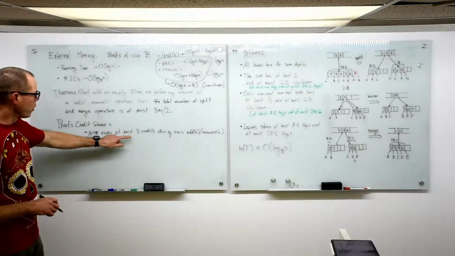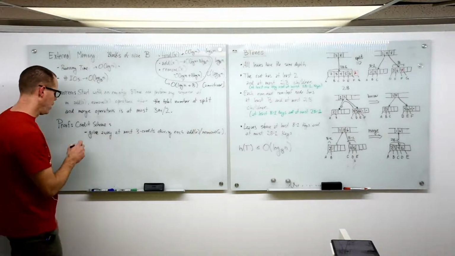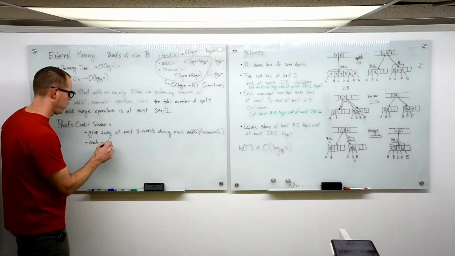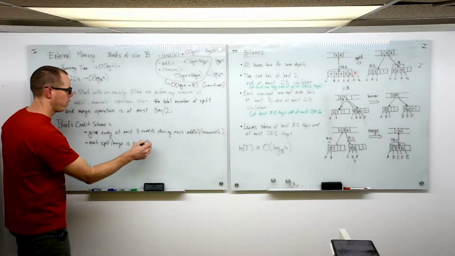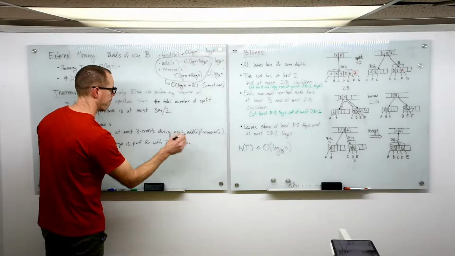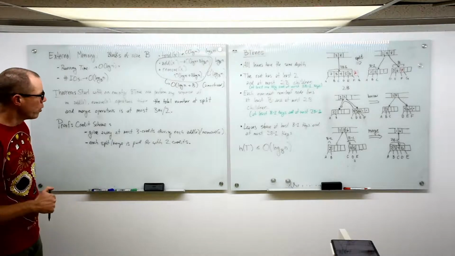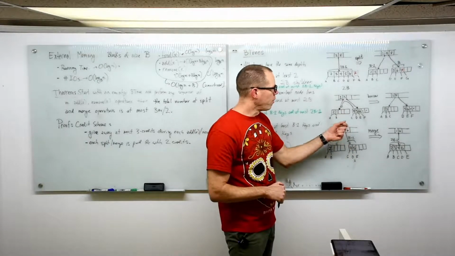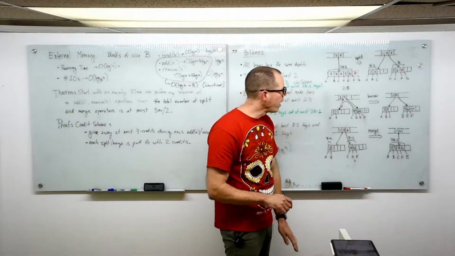So in this scheme, we're going to give 3 credits each time we do an add and remove, and I'll show you where those go. And each split and merge is paid for with 2 credits. So I'll show you that if I only give away 3 each time I add and remove and put those in the right places, then each time I have to do a split or a merge, I'll be able to take 2 of those credits that I have saved, pay for that, and those credits go away.